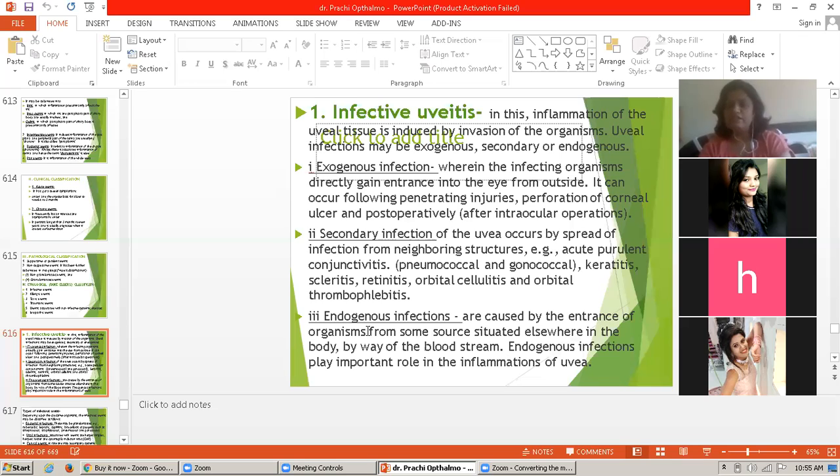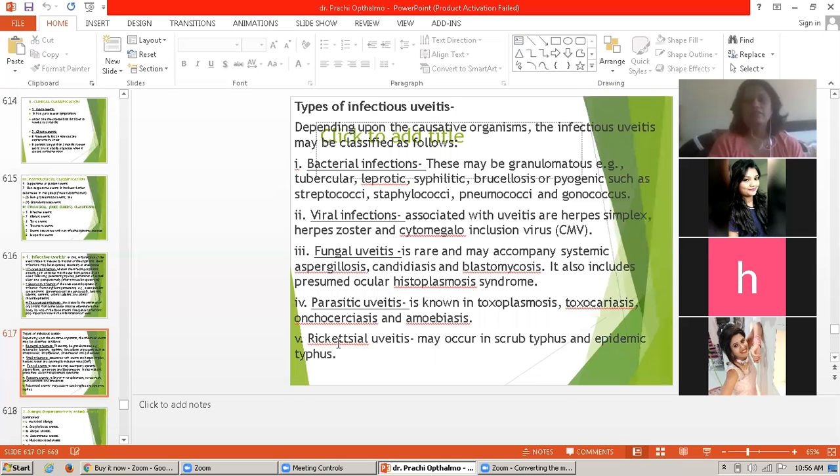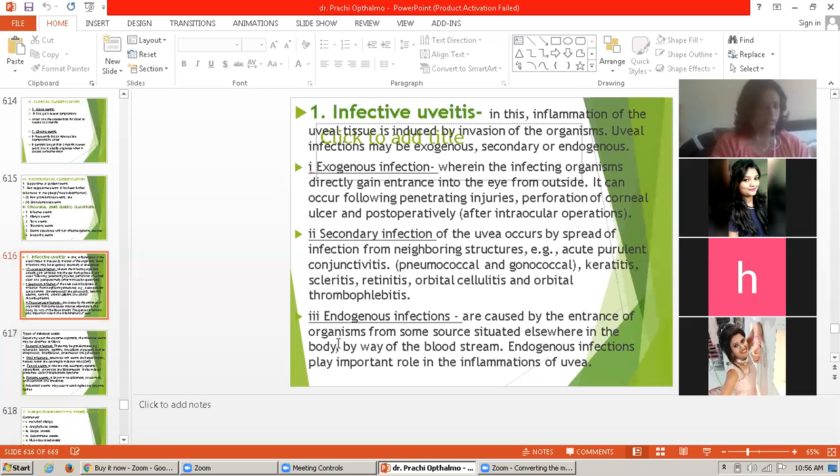The organism which is situated in the body goes by way of the bloodstream into the eye and the uvea and leads to the endogenous infection. Okay, so this is all about infective uveitis.